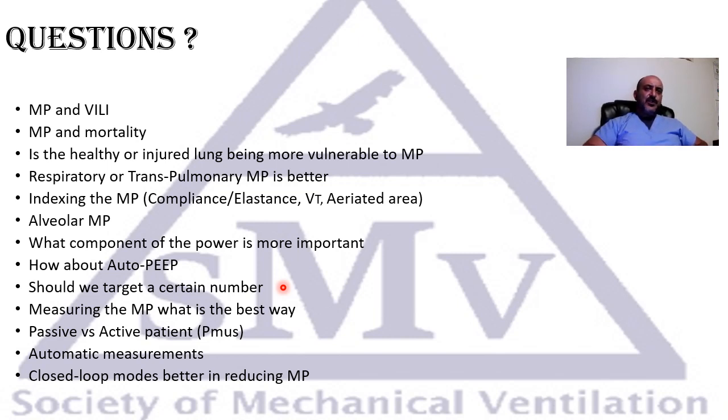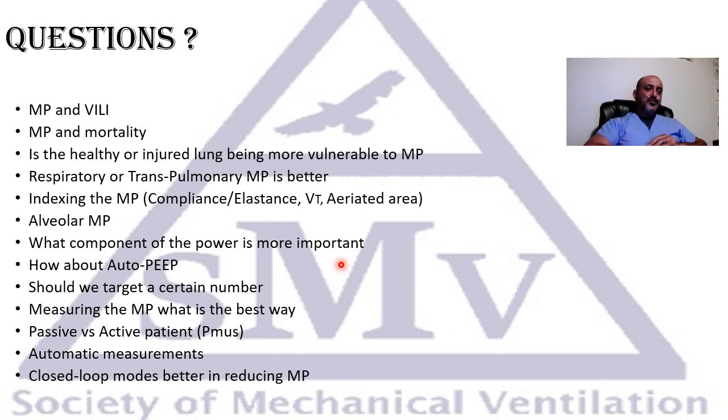But again, I would really caution about this because we don't know exactly, and every patient is different, every respiratory system is different, and that's why maybe again I go back to the indexing. The mechanical power might be better. Of course, we know that the lowest mechanical power is probably better because you're having less energy going from the ventilator to the patient with less risk.